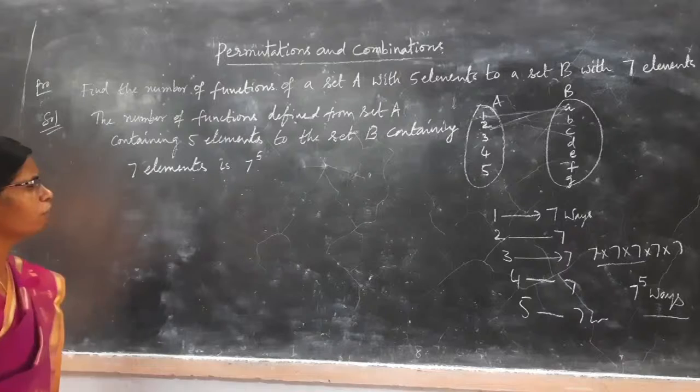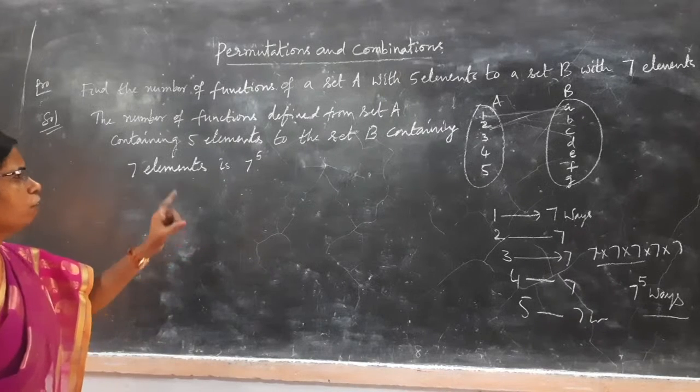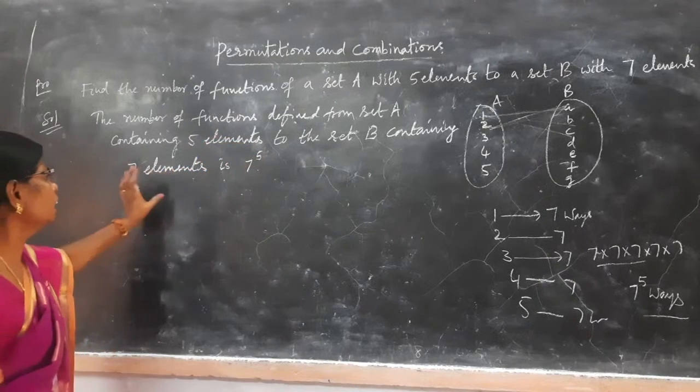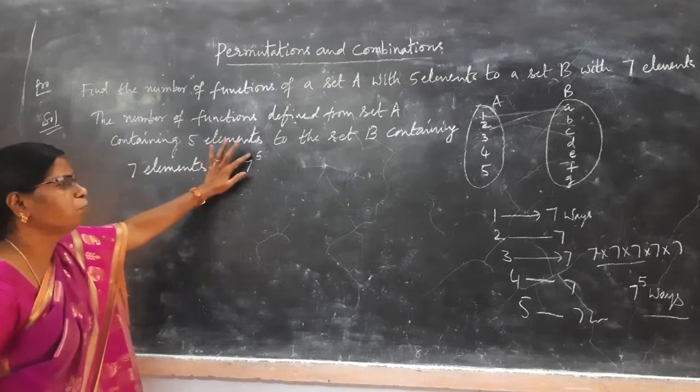The number of functions defined from set A containing 5 elements to the set B containing 7 elements is 7 power 5.